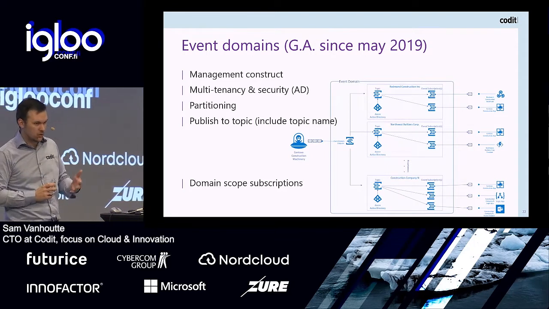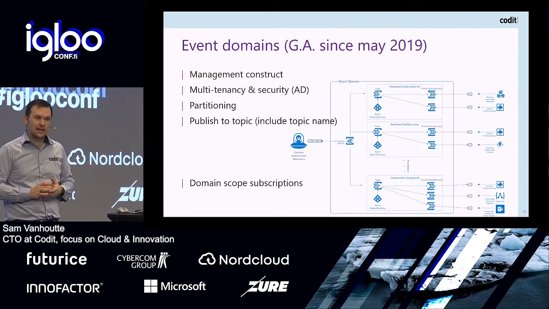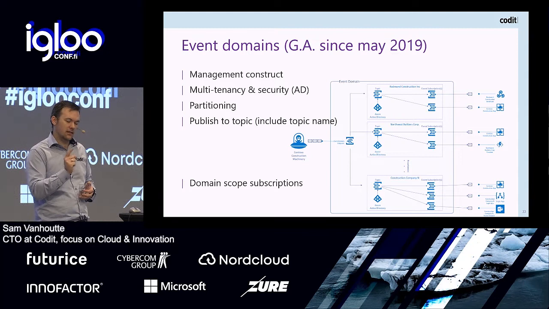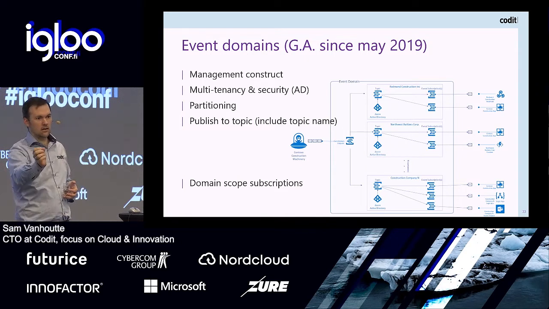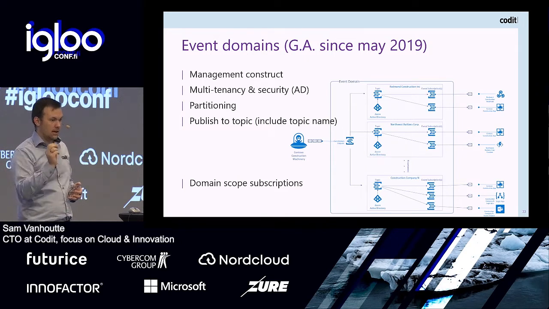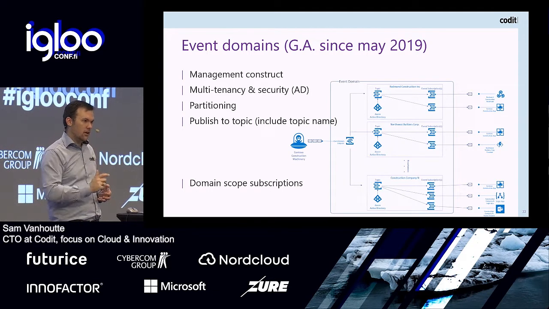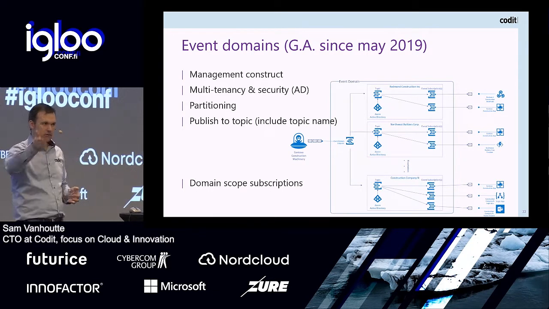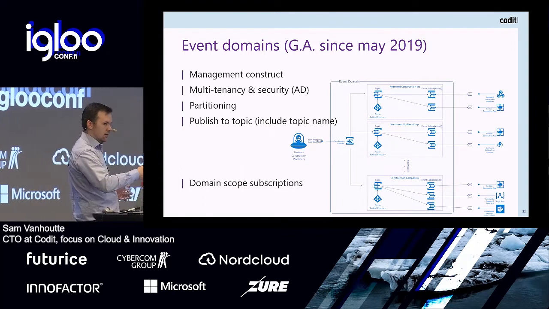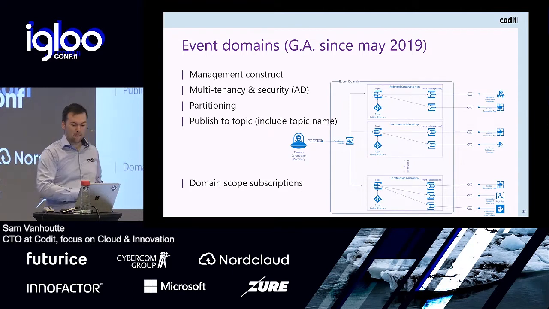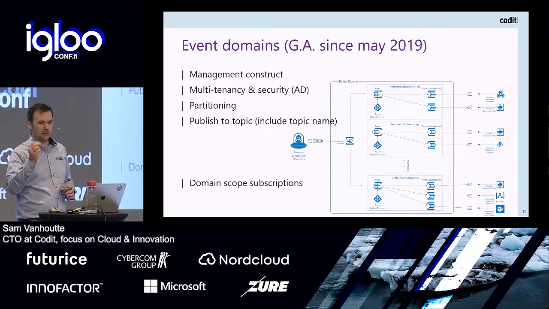So think about an enterprise that has events to publish, but actually it wants to know that I'm publishing events from my application, but this specific event should only be accessible by my customer A, and the other one should only be accessible by customer B. So you want to have some security, but you don't want to create a specific publishing topic for all your tenants. What you can do here is you can use Event Grid domains.